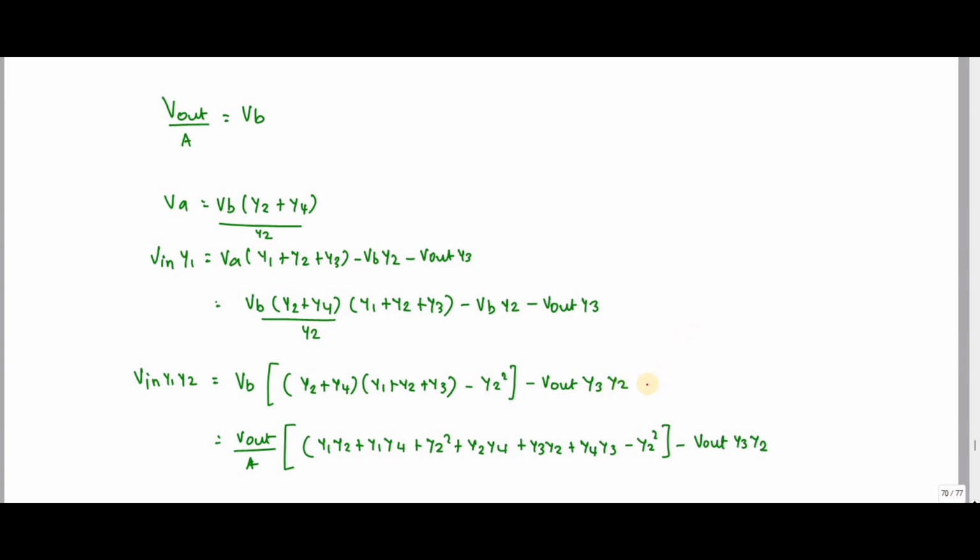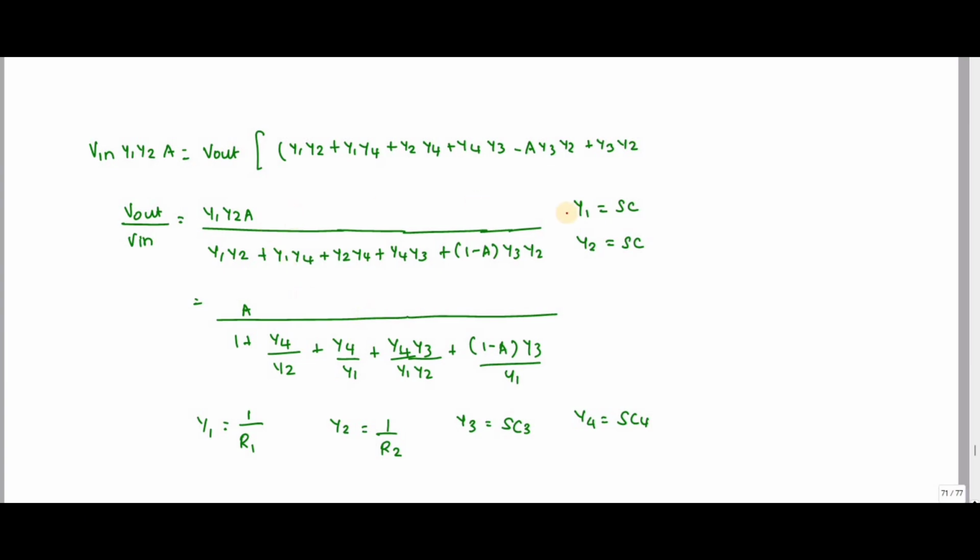Now I'm going to multiply this with this one. I can write VB is equal to Vout by A. So Y2 into Y1 plus Y4 into Y1 plus Y2 square plus Y2 Y4 plus Y3 Y4 plus Y4 Y3 minus Y2 square, minus Vout Y3 Y2.